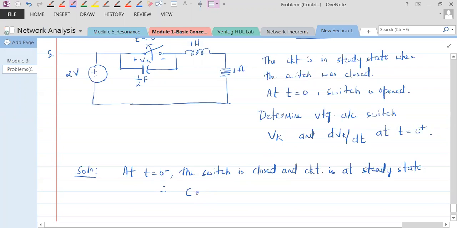Therefore, C is open circuit and L is short circuit. So this is for your reference.